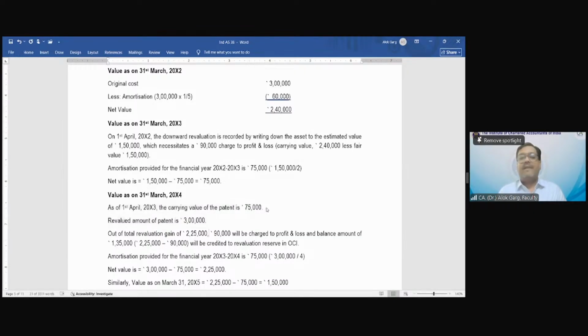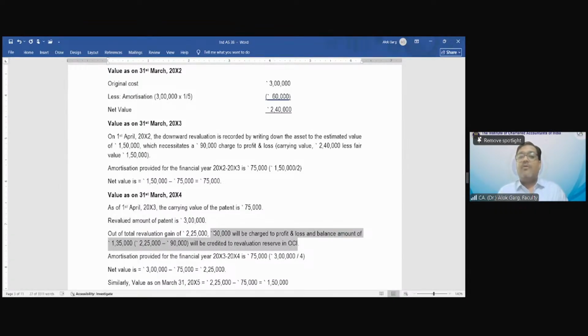So 225 is the revaluation surplus. But out of this 225, 90,000 has to be credited to P&L because you have booked an impairment loss. And the remaining 1,35,000 will be credited to revaluation reserve in OCI.